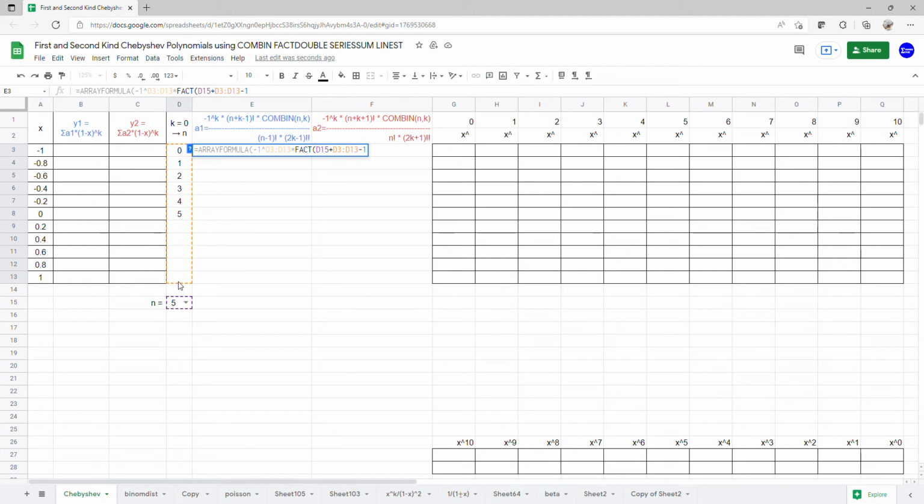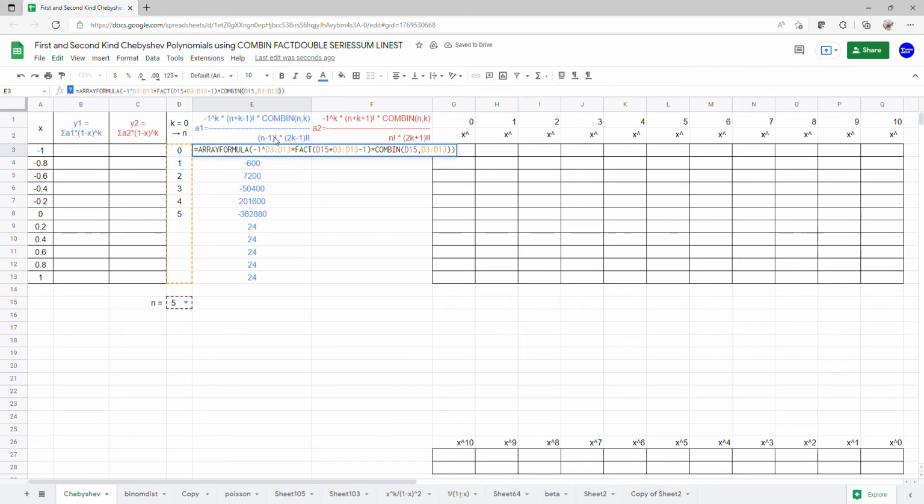That's the second part. And finally the third part: combine n comma k. Then enter.